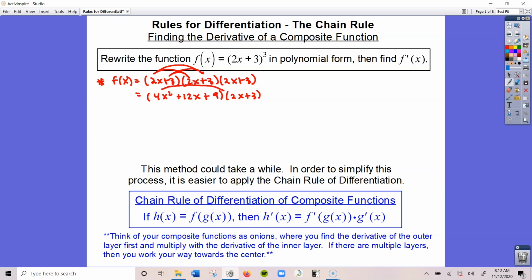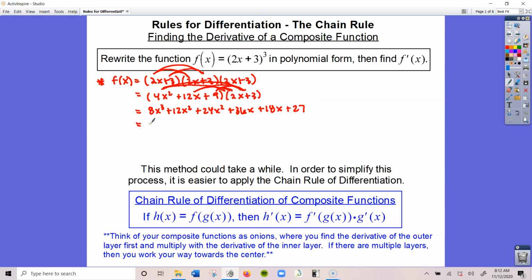I'm going to distribute this 4x squared first, which gives us 8x cubed plus 12x squared. Now I'm going to distribute the 12x, which would be plus 24x squared plus 36x. And now finally distributing the 9, we get plus 18x plus 27.